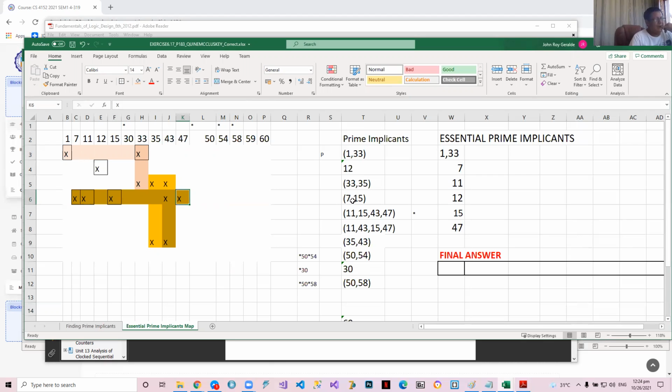Where did we get 7? From 715. So we will have 7 and we will have this as an essential prime implicant.